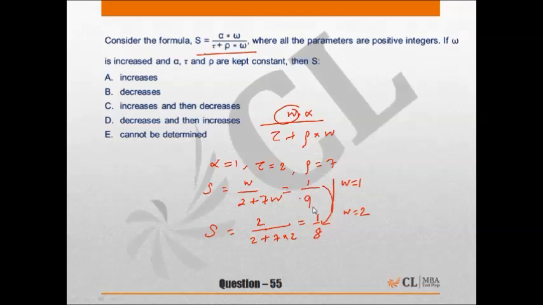And the second method is by checking the multiplying factor in numerator and denominator. As we know, when we increase the value of omega from any particular value to other values by some factor, let's say it is x, and if we want to keep the value of this quantity constant, then we need the same factor of x in the denominator also, but it is present in only one of the terms, which is eta into omega, but not in the other term.